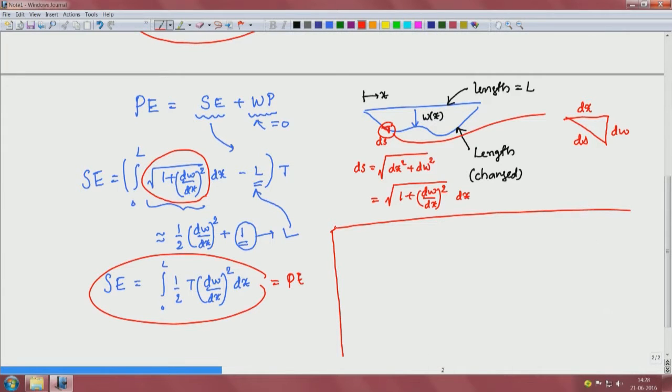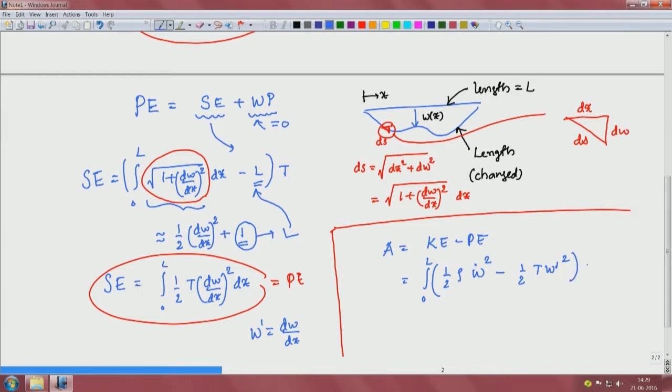Now, we can write Hamilton's principle. The action integral is kinetic energy minus potential energy, which is the strain energy. Here we write the integral from 0 to L of half rho w dot square minus half T w prime square, where w prime is dw by dx.